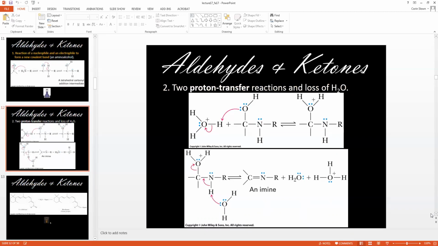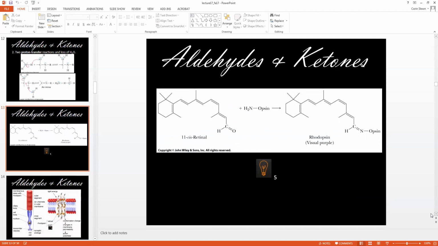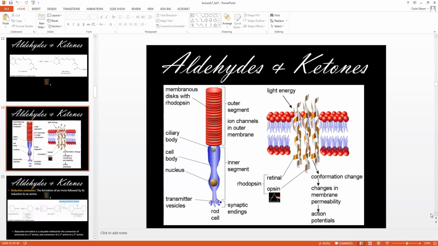Now you might be wondering to yourself, why does the formation of an imine matter? Well, it matters because when we think about our sight, one of the things we think about is 11-cis-retinol and a protein called opsin, and the formation of a molecule called rhodopsin, or visual purple. And what you can see from this diagram is a rod cell that has membranous discs, ciliary body, a cell body, and a nucleus, and then these transmitter vesicles.